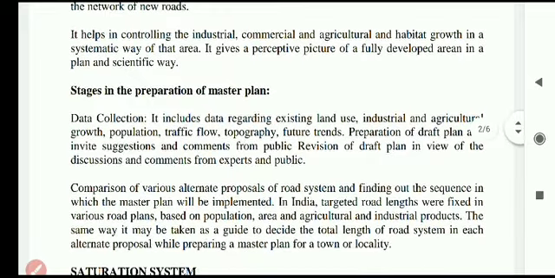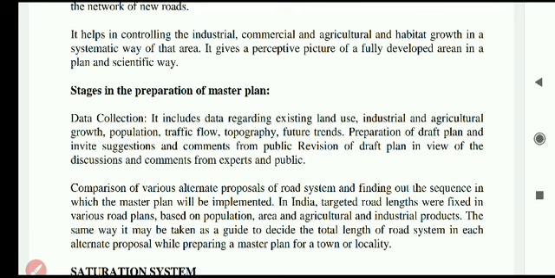Okay, next comes the stages in the preparation of the master plan. What stages are we going to follow under the master plan? The first one is data collection. It includes data regarding the existing land use, industrial and agricultural growth, population, traffic flow, topography, and future trends.